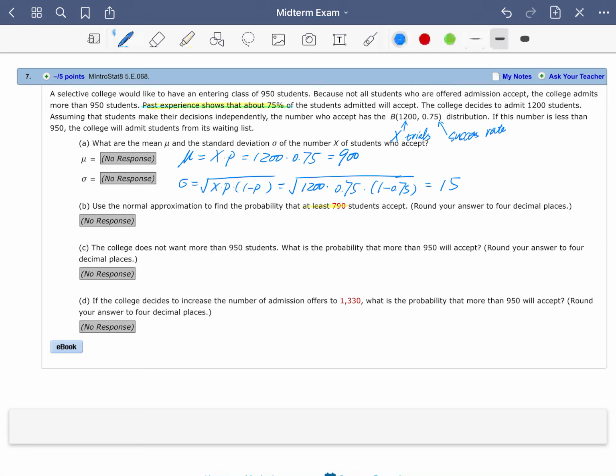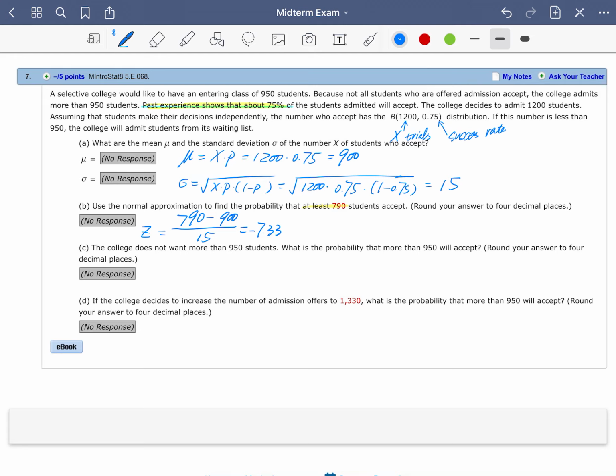So for at least 790, z equals 790 subtract the mean value, which is 900, divided by the standard deviation, 15. And the answer is negative 7.33 something, 333 go all the way.